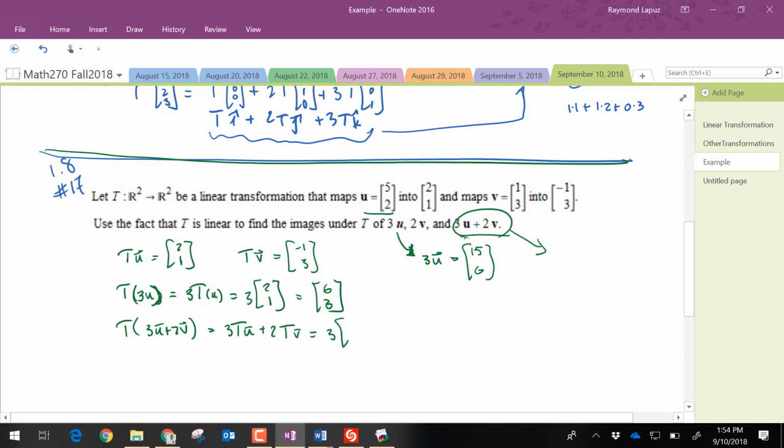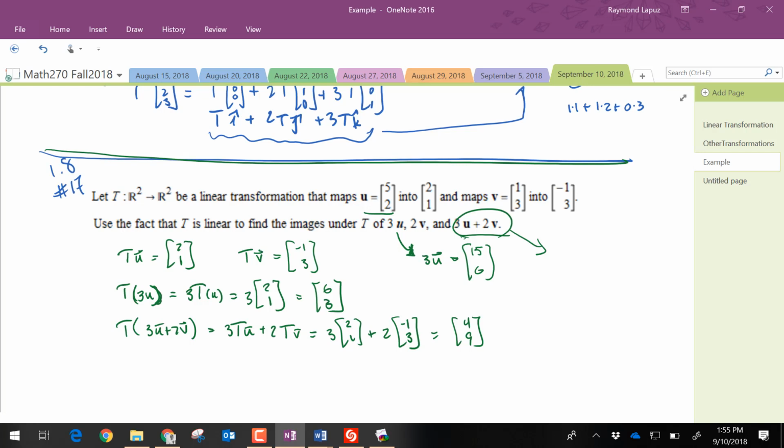This is 3 times (2, 1), which we got to be (6, 3). And if we had done the second one, we would have gotten the answer for this one also, but that's easy enough to figure out. So this is going to be 6 minus 2 and 3 plus 6.